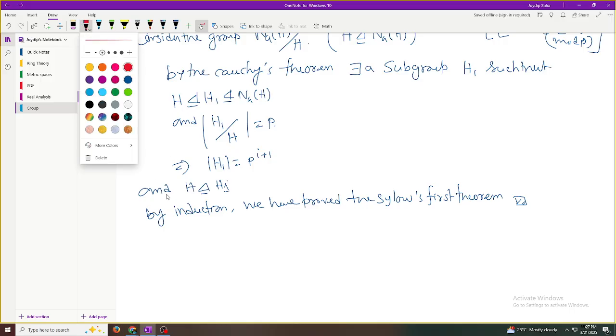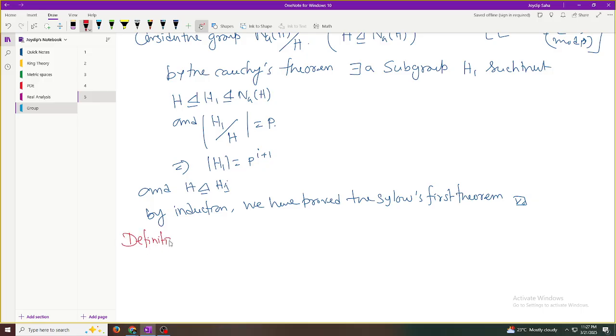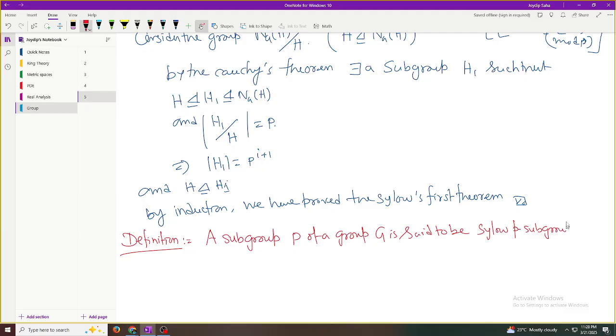Definition: a subgroup P of a group G is said to be a Sylow p-subgroup if the order of P is p to the power n, where the order of G equals p to the power n times m, with GCD of p and m equal to 1.